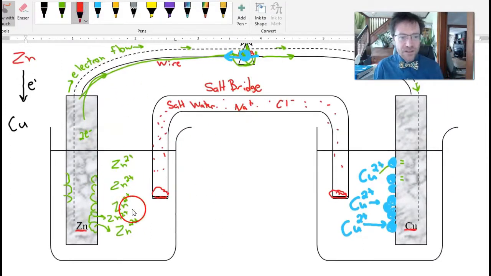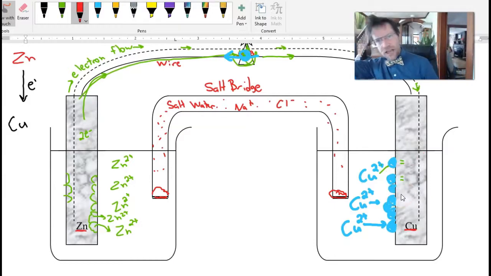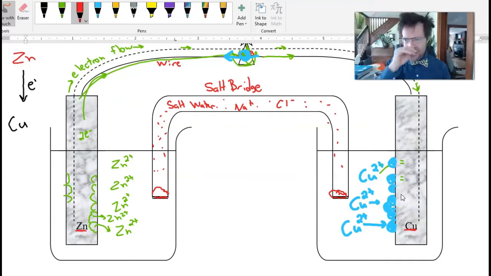So what happens? Do you see how over here we're gathering a whole lot of pluses, and over here we're losing all the pluses, and all the electrons are building up over here? Man, we can't have electrons down here and too much positive over there. You can't put positive charge over there, negative charge over there. That's unbalanced and unstable, so nature will not allow that to happen. So what does happen is this salt bridge, we say, allows ions to flow to balance charge.